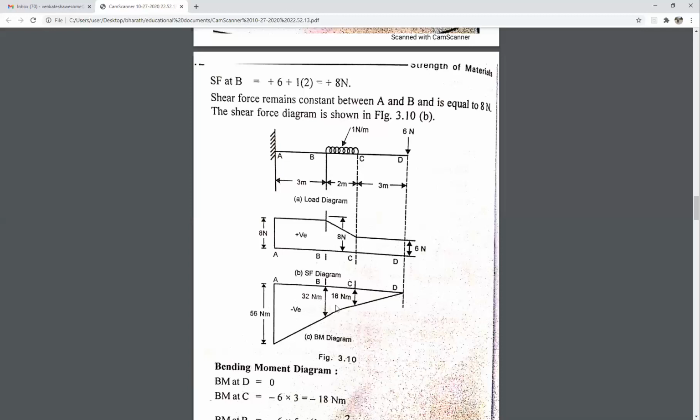From C to B we have a UDL, so the bending moment is a parabolic curve. From B to A we don't have any loads, so it is again an inclined line, up to the value of 56 N·m.